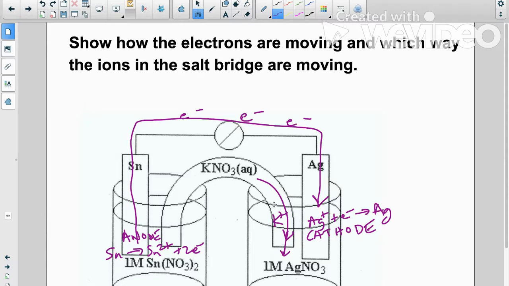And so positive ions, cations, will go this way, anions will go this way, because on the anode side, on the oxidation side, we are losing those electrons, we're gaining positive ions. We need negative ions to come here and provide that charge neutrality to balance out the charge on the positive tin ions. So for the salt bridge, the negative ions, the anions, go towards the anode. The positive ions go towards the cathode side.